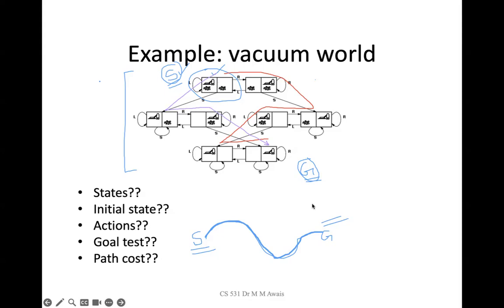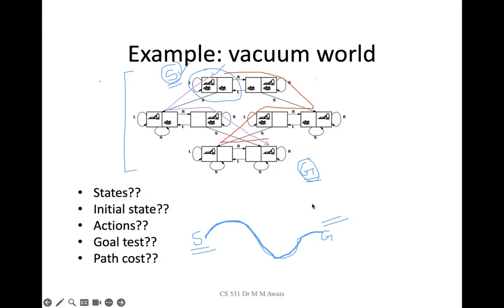The path in red, I guess, feels less convenient than the blue one, because at the beginning the vacuum cleaner was at position A, and it was dirty. So it's more convenient to clean it and move to position B, because at the end the vacuum cleaner has to stop at position B, and that's where our goal is.